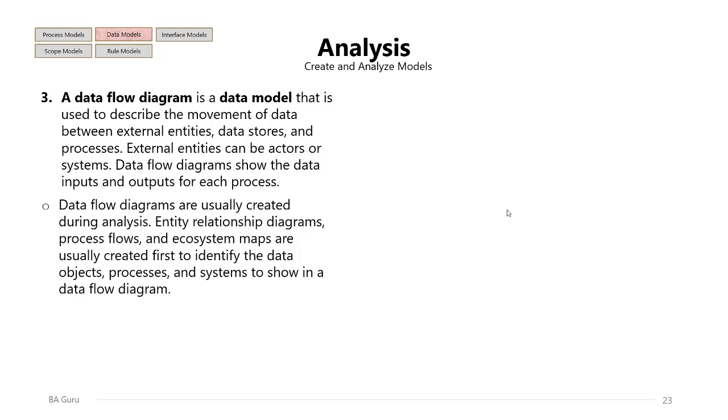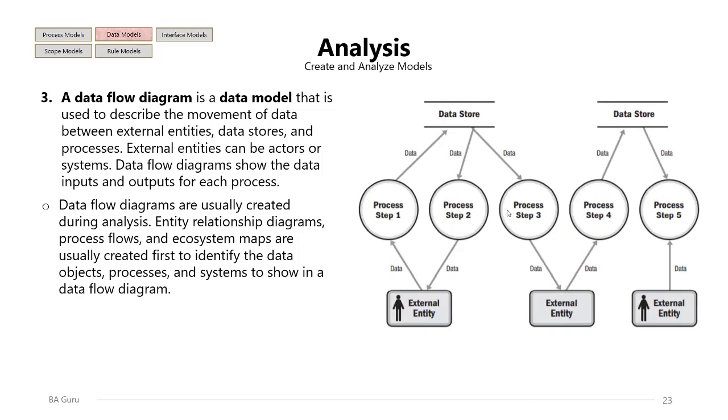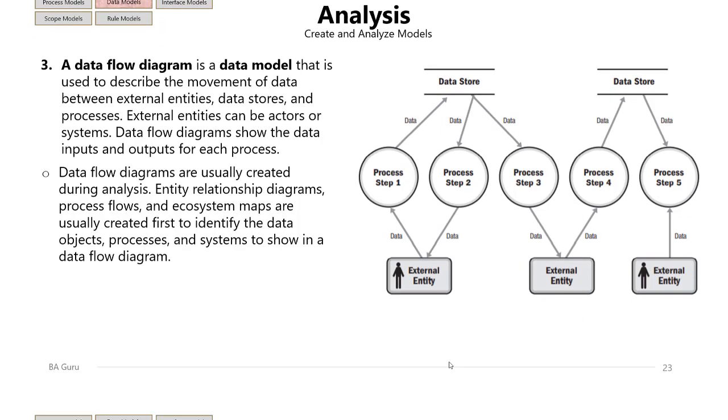Usually once we have the entity relationship diagram, the process flow, and the ecosystem map. Here is an example of a data flow diagram showing the flow of data between different objects, including a data store, the different processes, external entities, and the human resources.